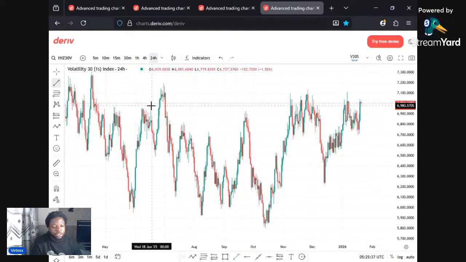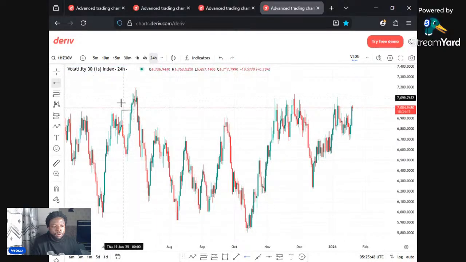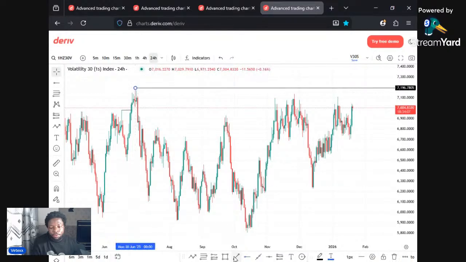Mind you, on the weekly time frame, the trend is bearish, but on the daily time frame, we have a direction. We have our first sweep here. We have our protected high, which is this. We have our first break of structure, which is this. And then we have price retrace 50% to give us our structural liquidity.